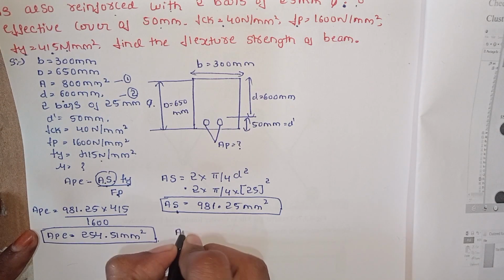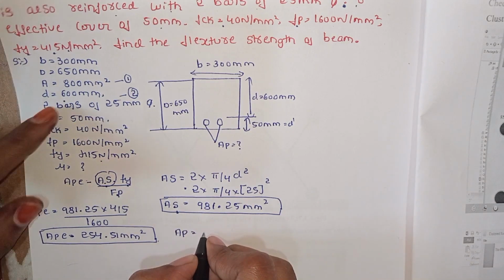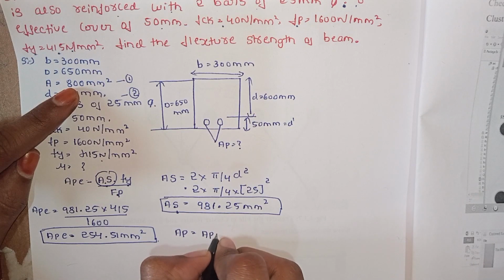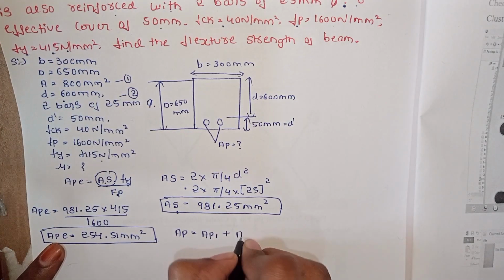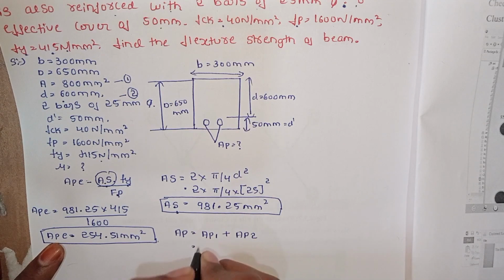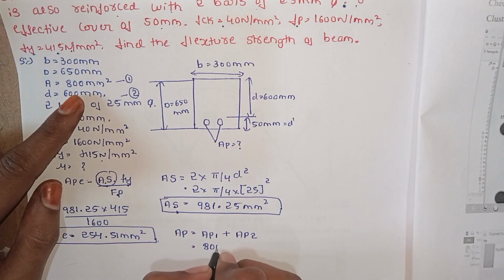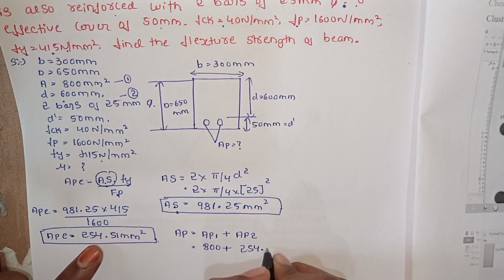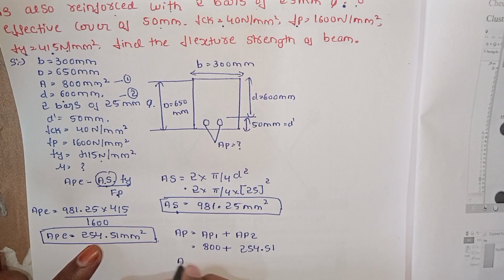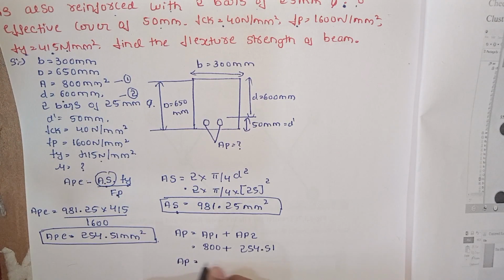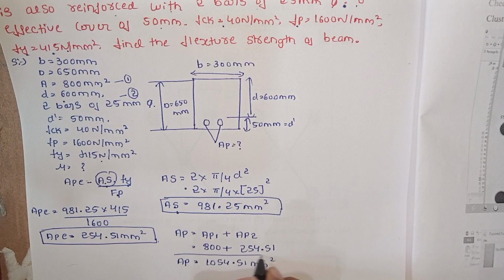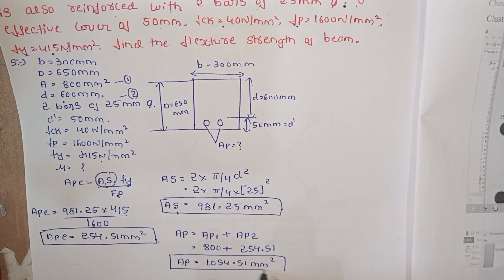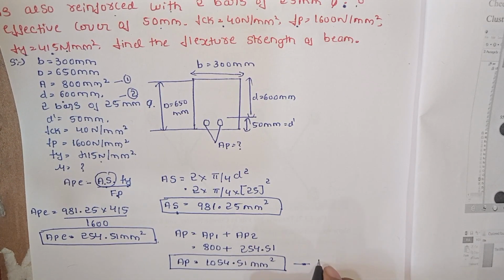So Ap is considered as Ap1 plus Ap2. So Ap1 is 800 plus Ap2 is 254.51. So the total area is 1054.51 mm square. Now this is the total area.